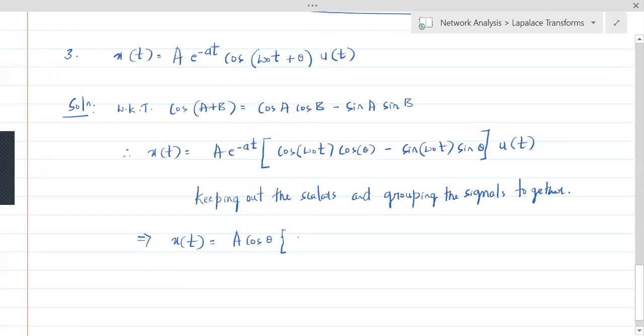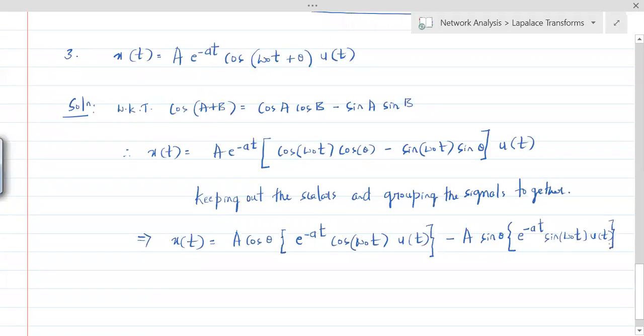These two along with e power minus at cos omega naught t into u of t, minus A sin theta into e power minus at sin omega naught t into u of t. So this is how we need to group the things. Is this okay with you, everybody?